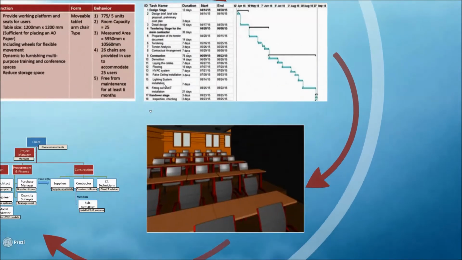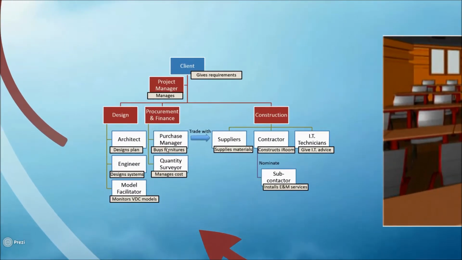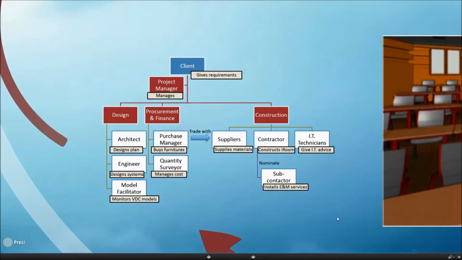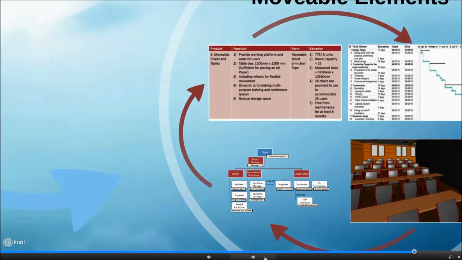And in the organization chart, the client gives his comment and the project manager manages the following tasks, including the purchase manager, who will buy them from the supplier, and the supplier supplies the chairs and tables, and the contractor will be responsible for the fitting out. And finally, we can have a look at what we expect to be in the iRoom.